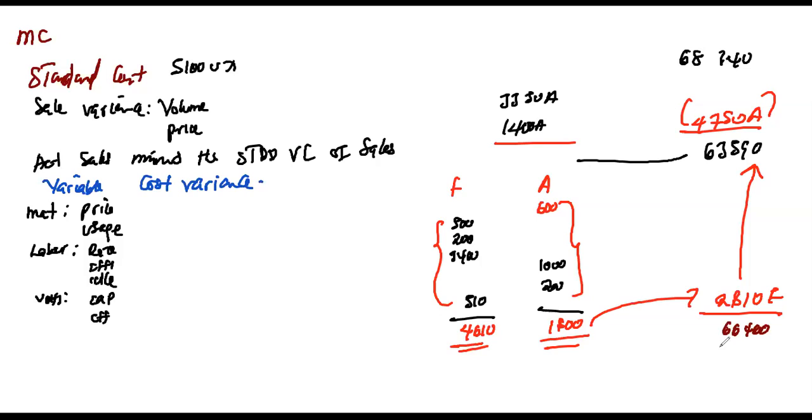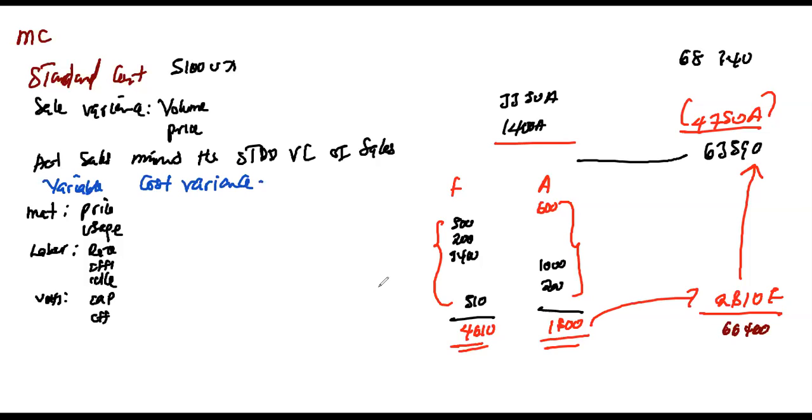Okay, so now what did we say? We said we bring in what? Sales and the admin. Here we are not going to bring in what we are talking about.